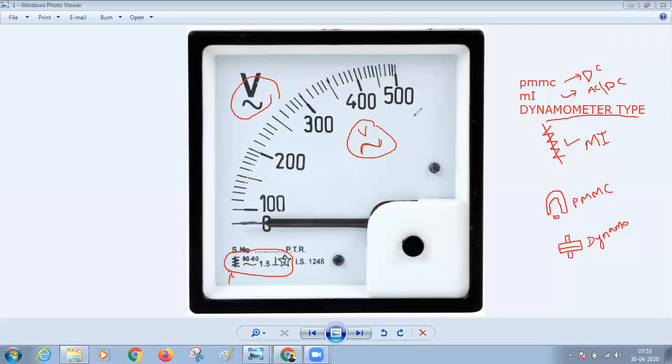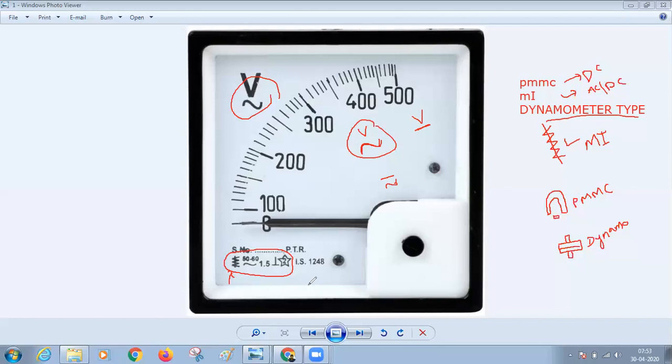If it is DC voltage, they will give a symbol like this, with voltage and below that one line. In some cases they will give the one line along with the sinusoidal symbol like this. In such a case the meter can measure both AC as well as DC.